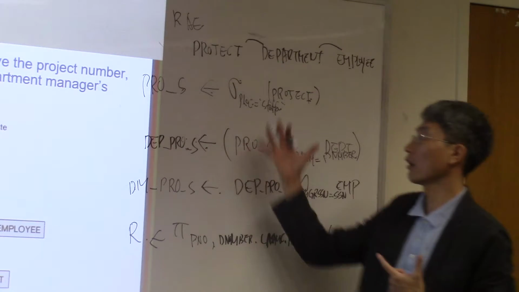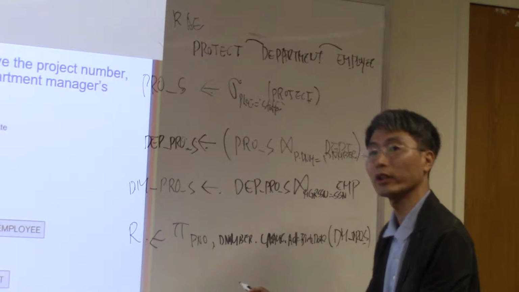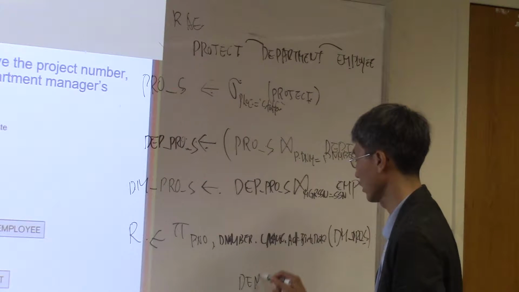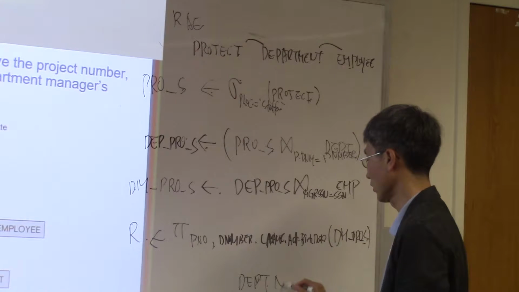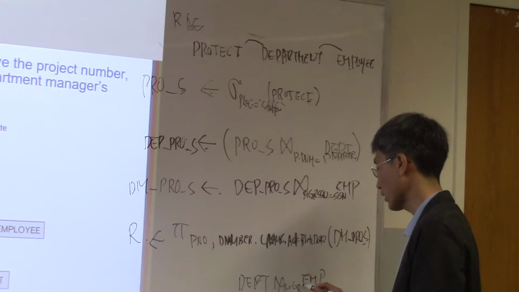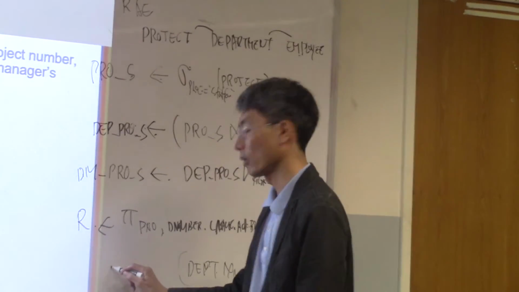Another way of representing exactly the same thing is you can actually join the department directly with the employee using manager SSN equal to SSN. Then join with what?